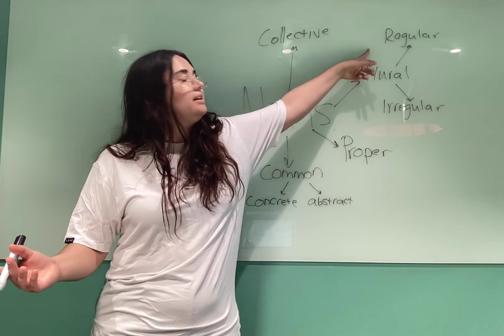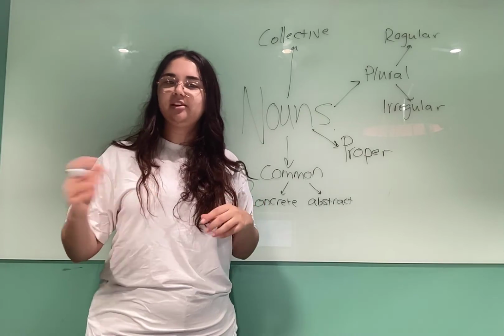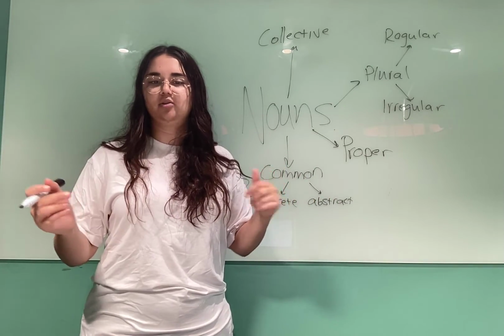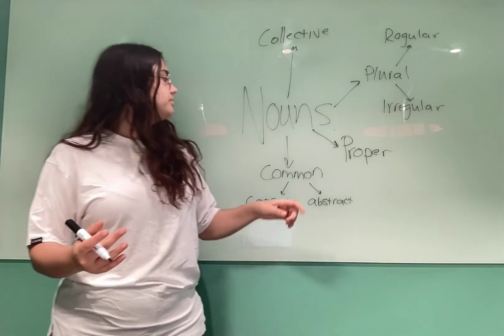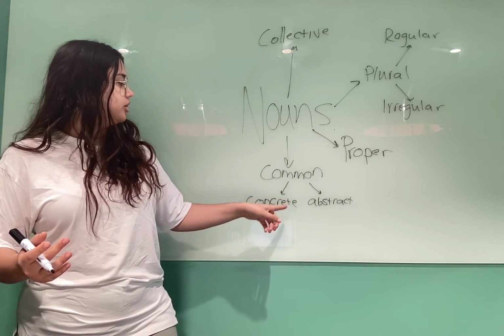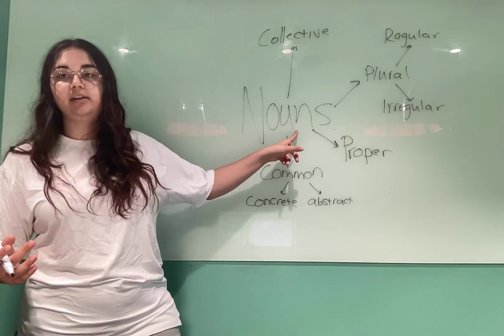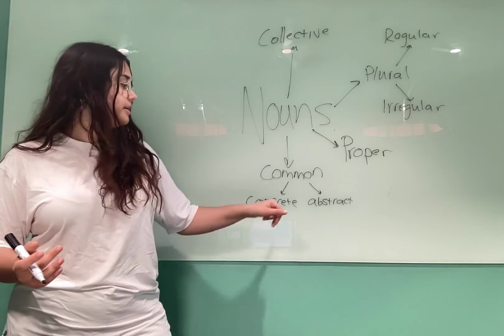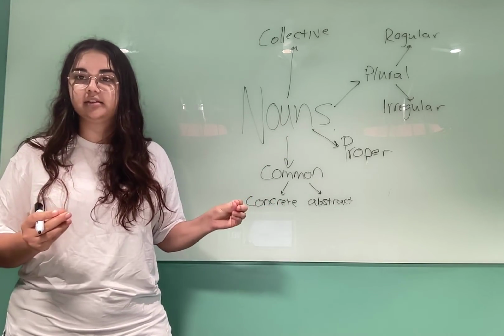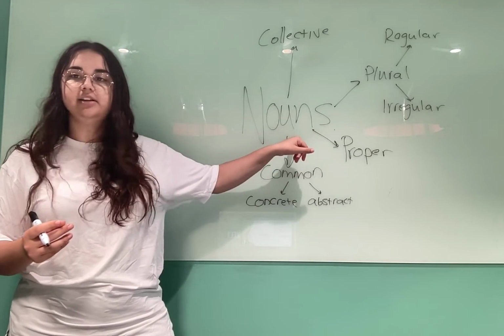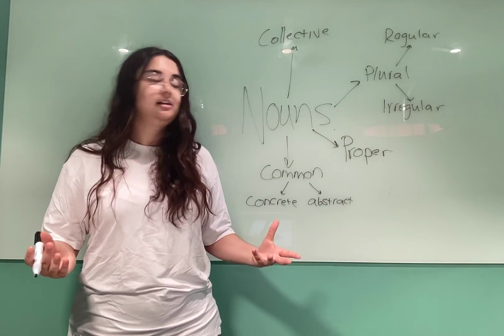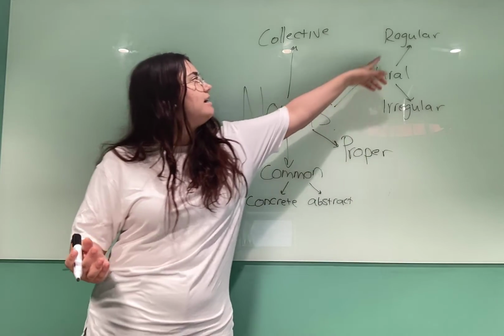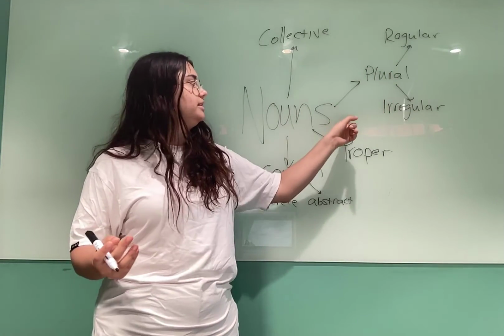Regular plural nouns are the ones that we can just add an S on the end or an ES to make more of them. For example, if we take the concrete common noun elephant, now remember it's concrete because we can touch it, and we add an S on the end and it becomes elephants, all of a sudden we have a regular plural noun.